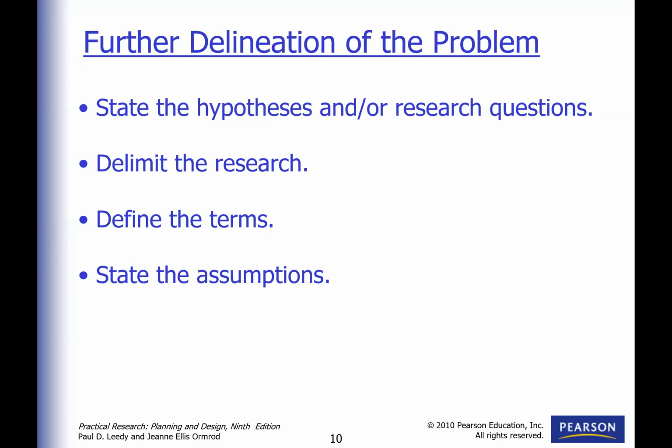In order to make those clarifications, we state hypotheses. If the research involves quantitative research, meaning you are dealing with numbers, then it's better to have hypotheses. In some other cases, people prefer to have research questions.